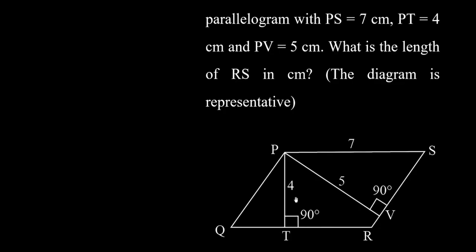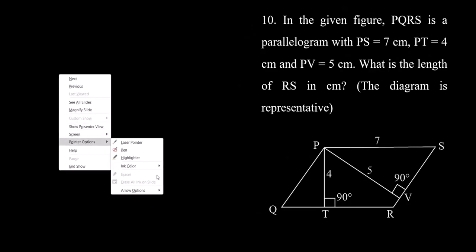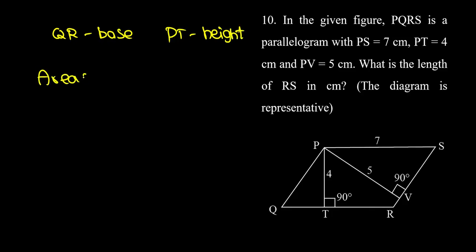I can take two different parallelograms from the same diagram. So on one side, QR is the base, PT is the height.